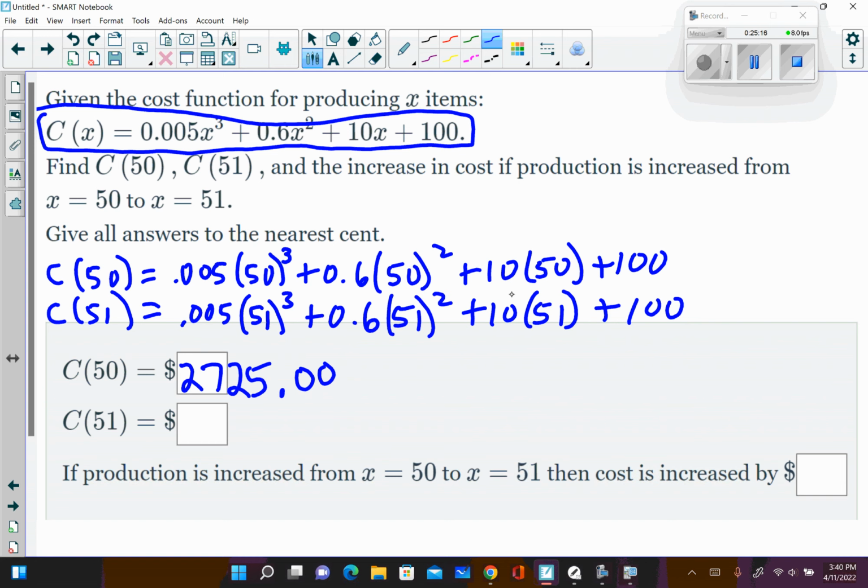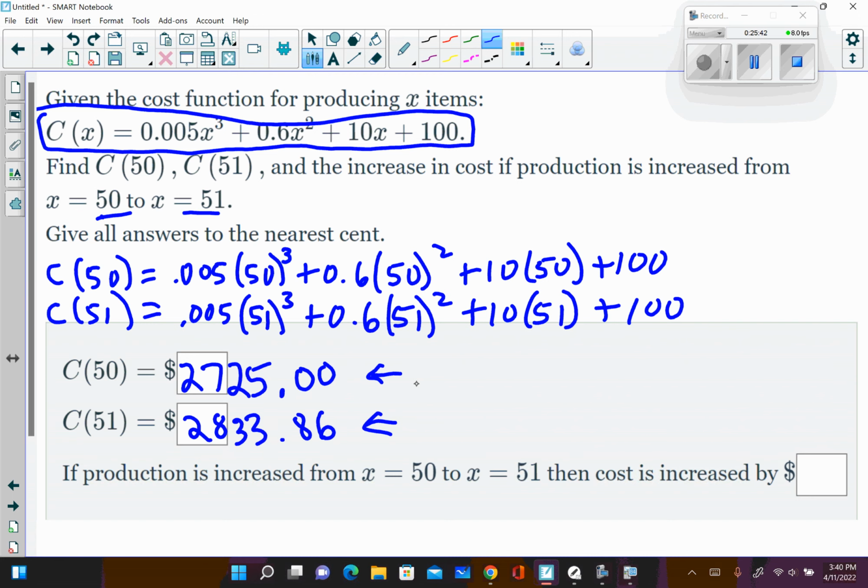Now replacing x with 51, this second line up here comes out $2,833.86, rounded to the nearest cent. So if the production is increased from 50 to 51, the cost goes from this cost to this cost.